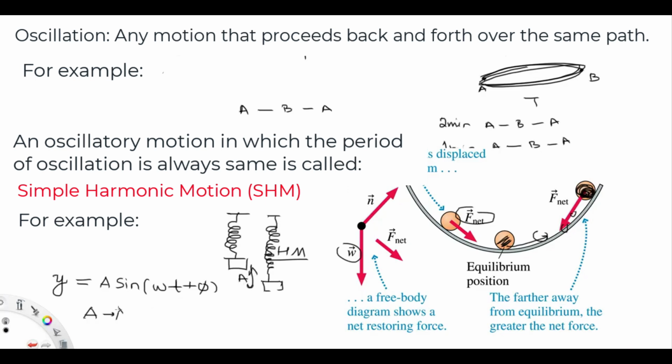And omega is the angular frequency, also called angular velocity. Let me rewrite the equation: y equals a sine of omega t plus phi. Here omega is the angular frequency.